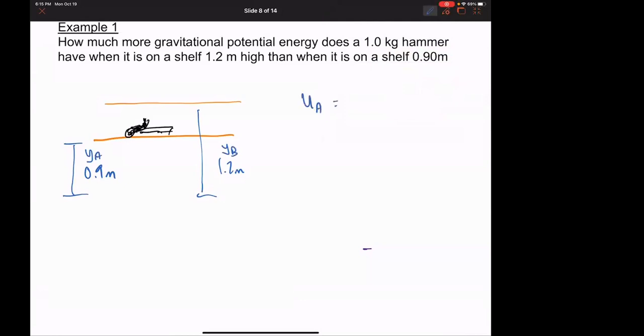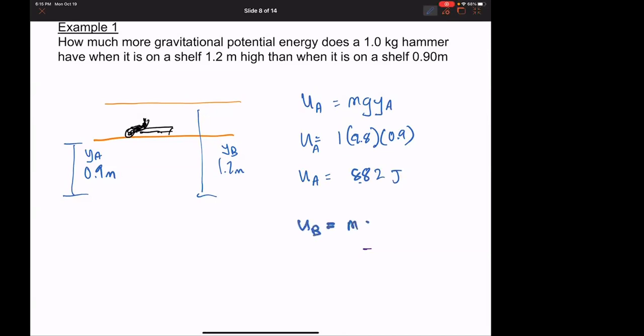So UA equals mgYA. UA equals 1 times 9.8 times 0.9. UA equals 8.82 joules. Units for energy are joules, remember? And then UB is going to equal mgYB.